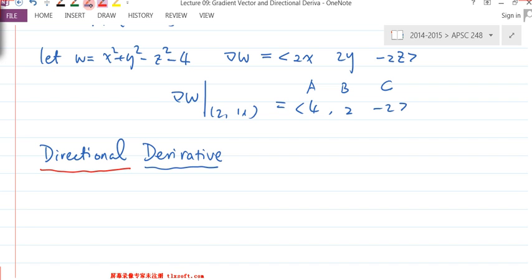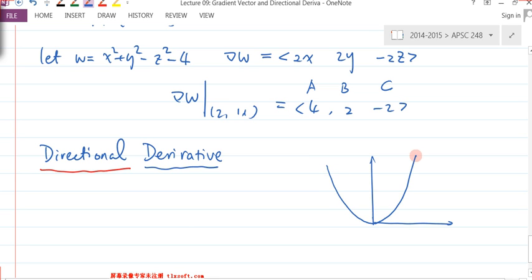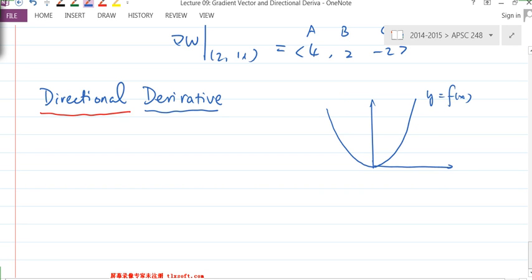Let me start from the simple case. If I have a curve like this, the 2D case, how do I get the derivative, or the slope?